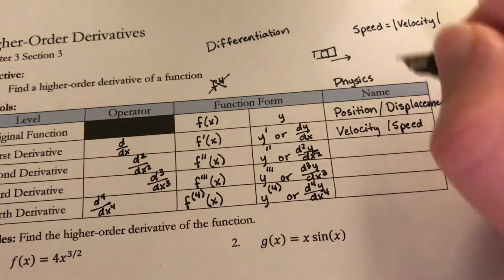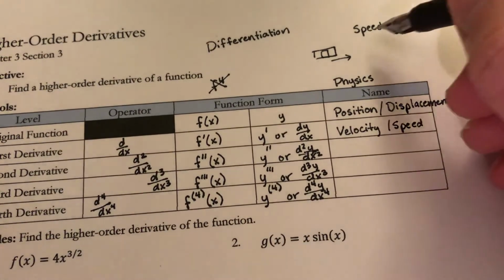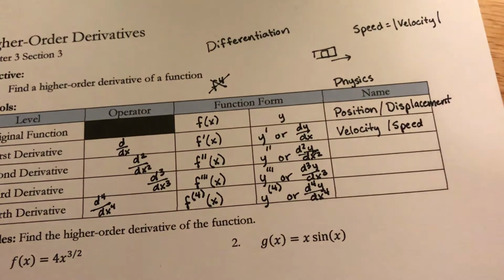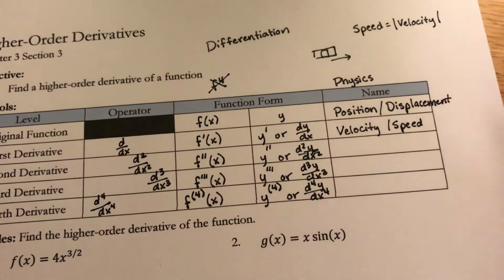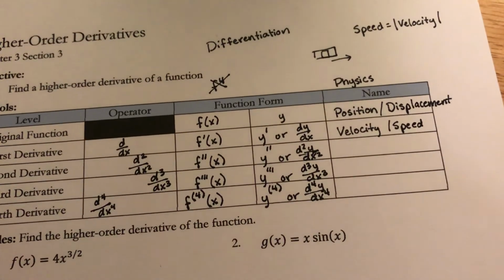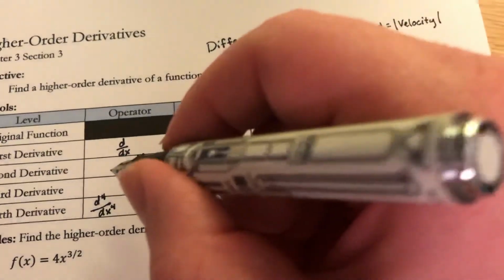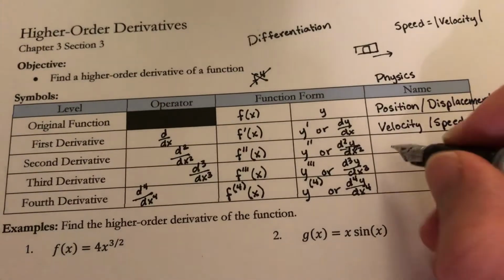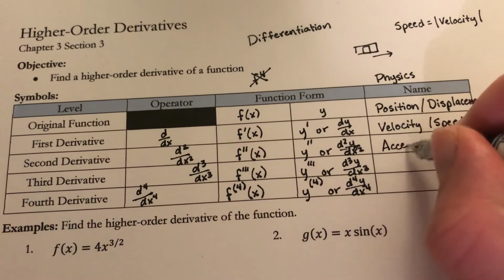So, for example, if you decided to take your car, put it in reverse, and press on the accelerator, press on the gas pedal, your speedometer is going to read a positive speed, not a negative speed. Whereas if you were to talk about its velocity, you're going backwards, so your velocity is negative, whereas forwards, your velocity would be positive. For the second derivative, that is typically referred to as the acceleration.